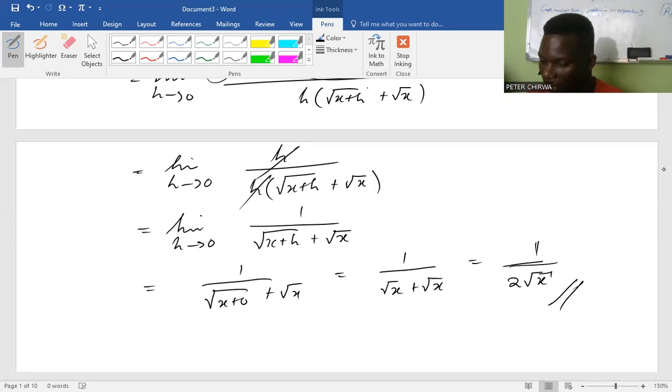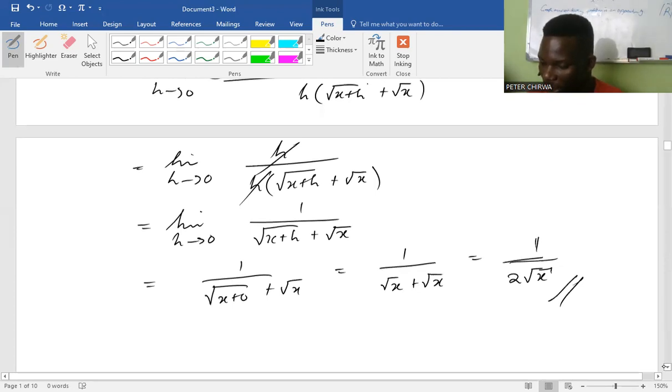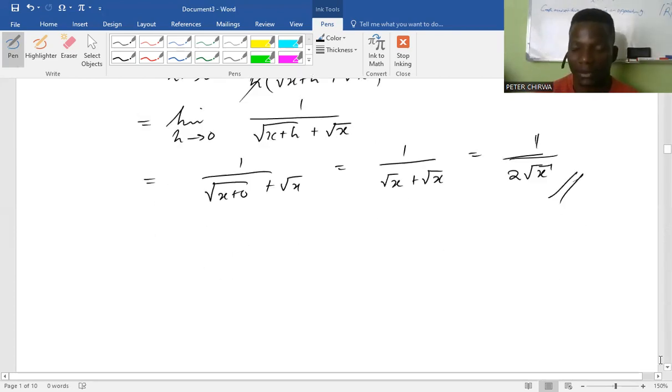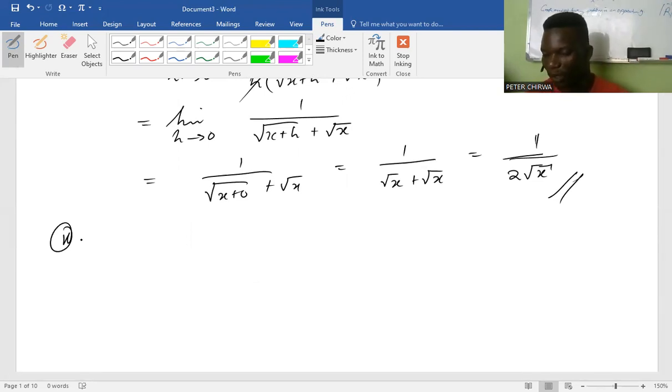Okay, so now there is another part of this question which happens to be so interesting. We must also find the tangent line to the curve y equals root x at x equal to 4.